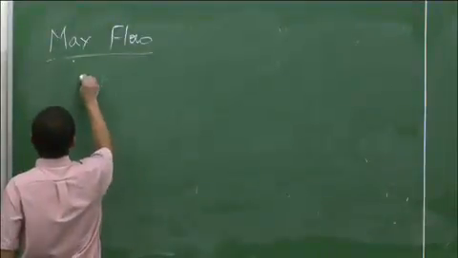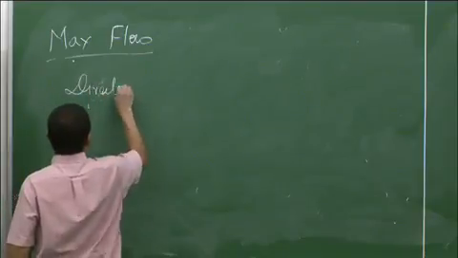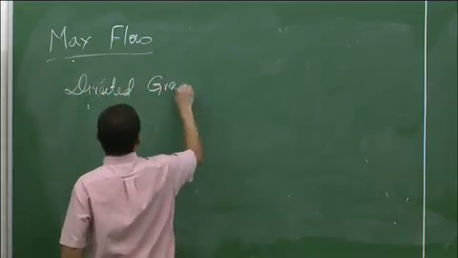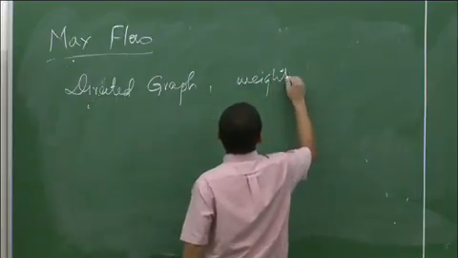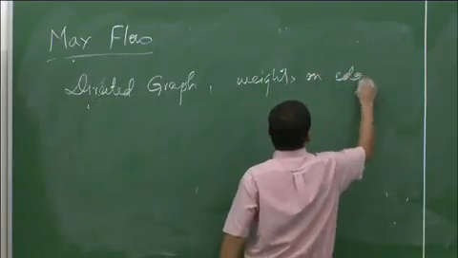In this particular case, it is going to be the capacity, and you want to essentially maximize some kind of capacity. So, you will once again be given a directed graph, with weights on edges.